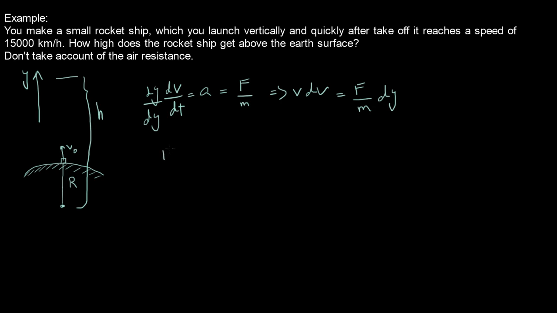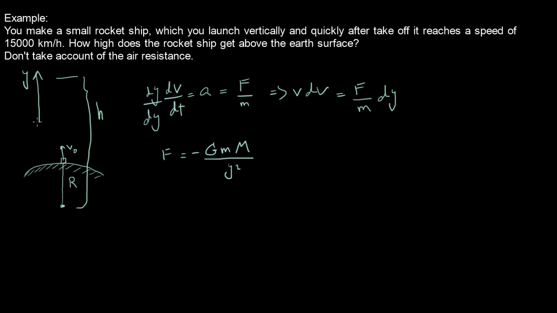Now F is just minus G, Newton's gravitational constant, m, mass of the rocket ship, M, mass of the Earth, divided by, in this case, y squared.